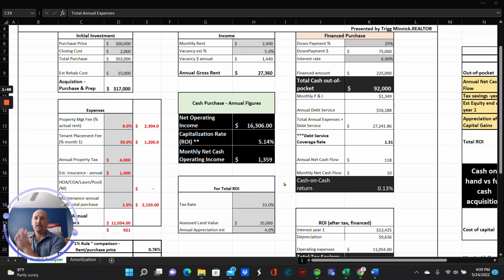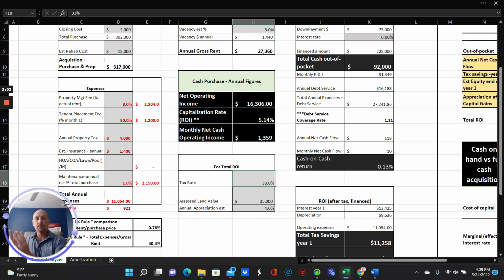Now, when we get to evaluating this from a full investment, wealth building analysis standpoint, we've got to understand a couple of other things. We have to have the input of what the tax rate is, and we want to make sure that this matches the bracket that we're actually affecting, and we can talk more about that offline.